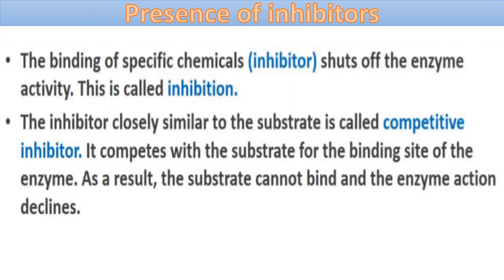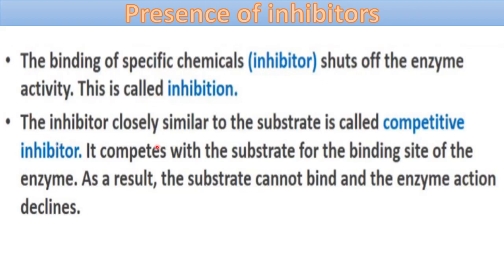Next factor affecting enzyme activity is presence of inhibitors. So binding of specific chemicals, or you can say those chemicals are inhibitors, shuts off the enzyme activity, and this is called inhibition. So if any chemical binds with enzyme and shuts off its activity, that process is called inhibition.